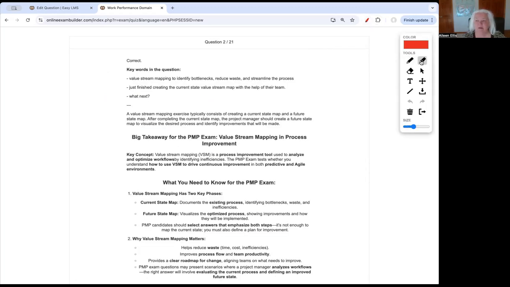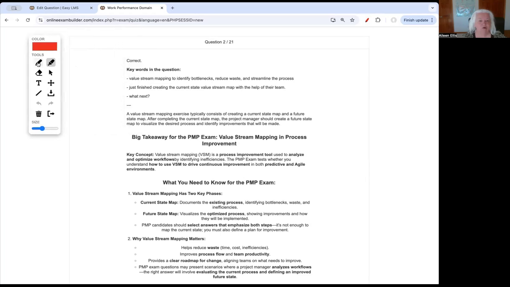Again, do you know what we got it correct? But you know what are the keywords in the question? I think we did great. Do you know why this answer is right? First, we do a current state and then a future state. What's the big takeaway?